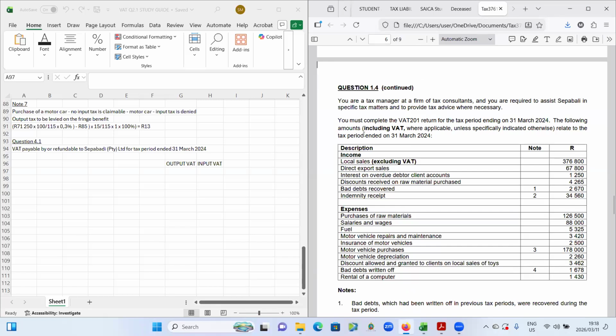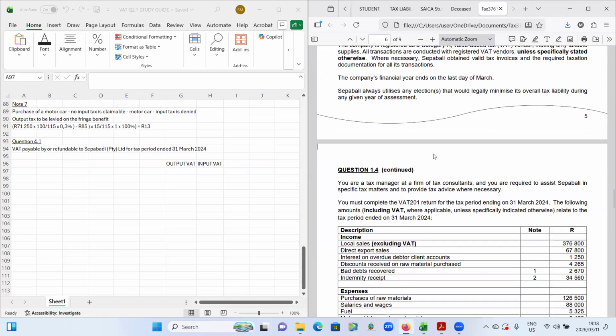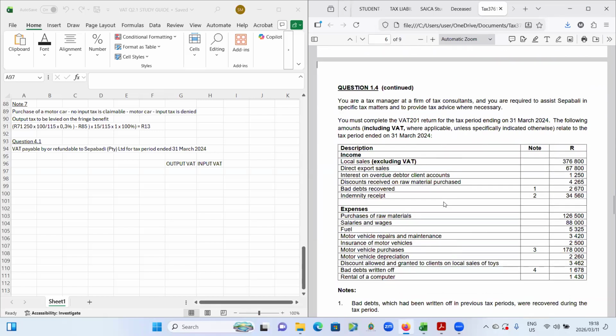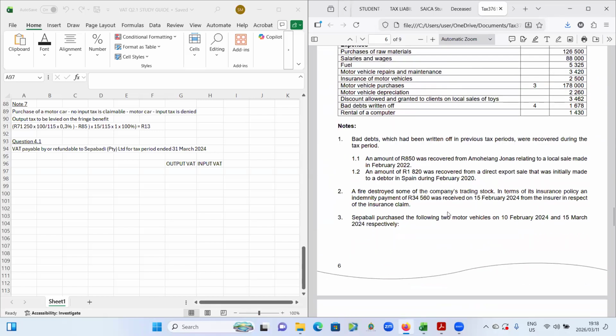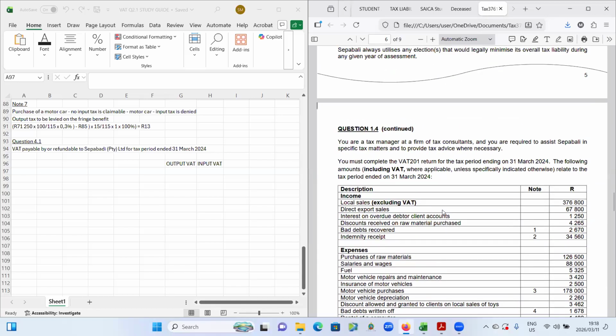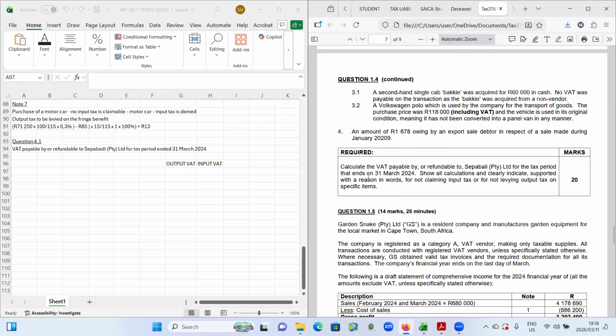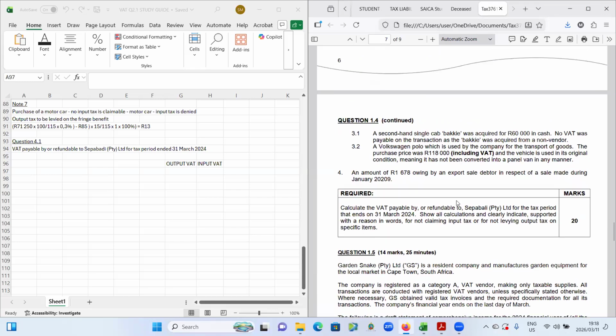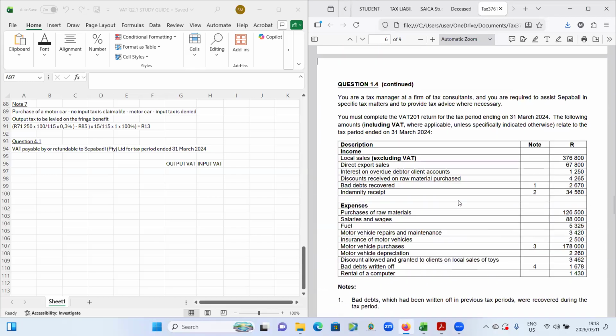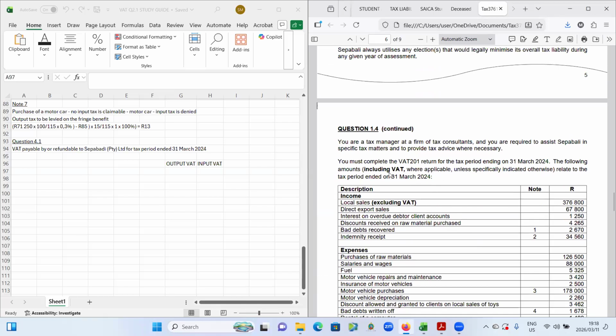Once again, they did not tell us the number of months, so assume that it's 2 months. When they talk about February and March, basically it's a 2-month VAT period. If they don't tell us, that is the most popular assumption, but in most cases they tell us.